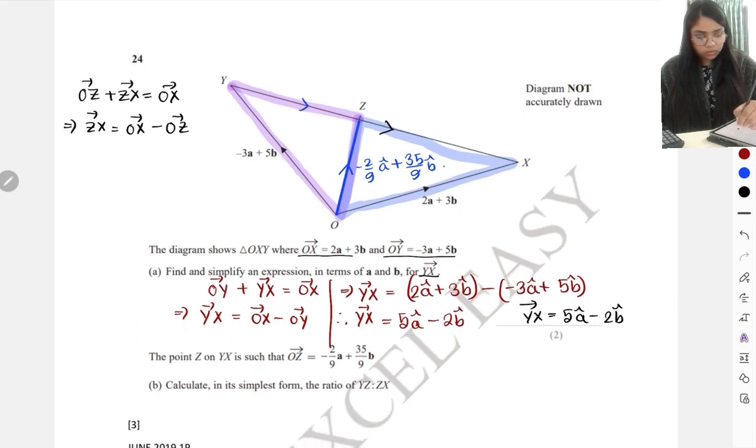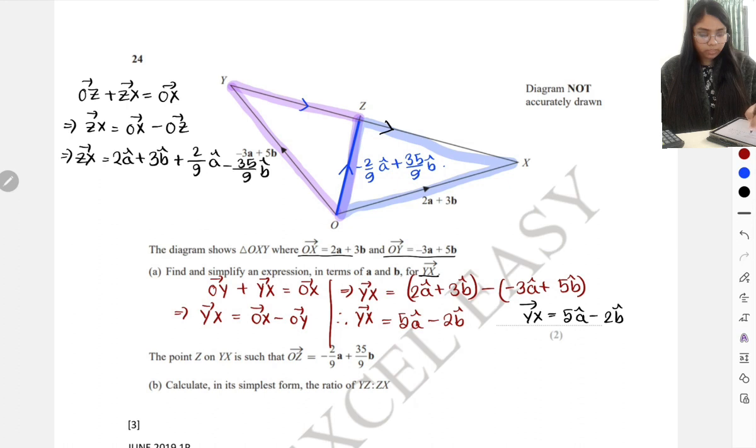OX was 2a plus 3b, so you have ZX as 2a plus 3b, and again minus of the minus 2 by 9, 35 by 9, which will be positive then because you already have a minus in front. So positive 2 by 9a and negative 35 by 9b.